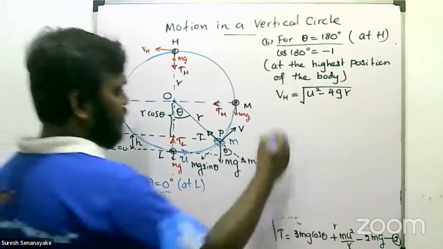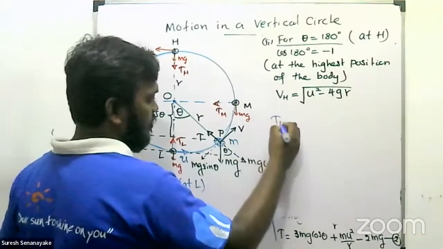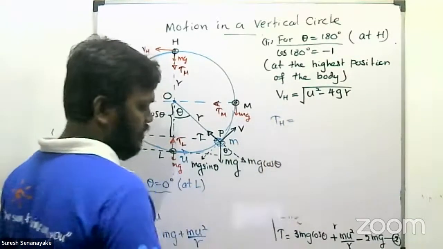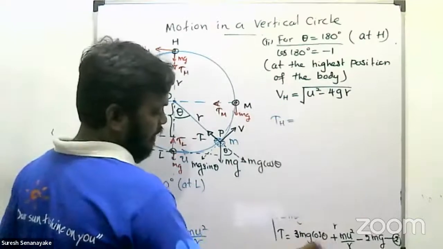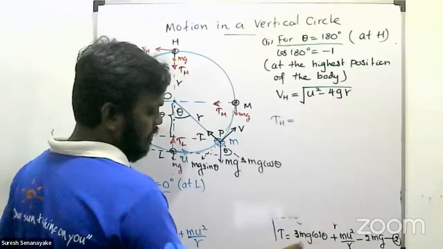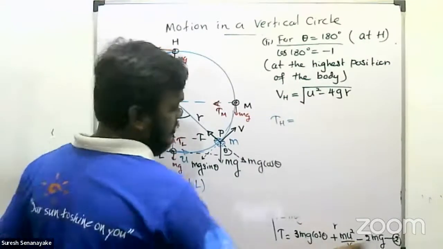And the tension at this position, TH, cos theta is minus 1. So then it is minus 3 mg minus 2 mg.